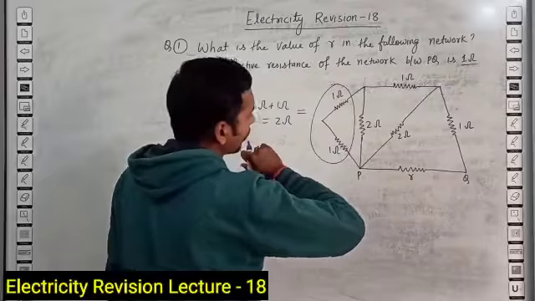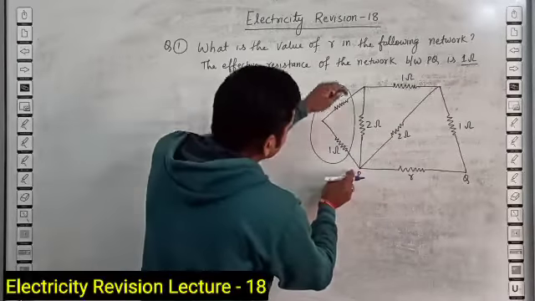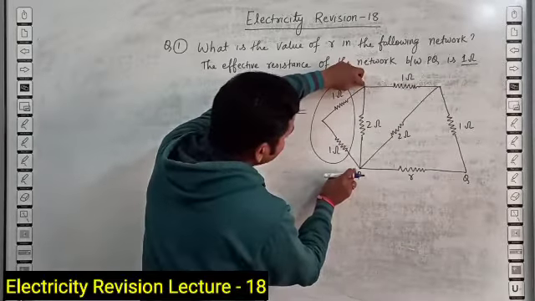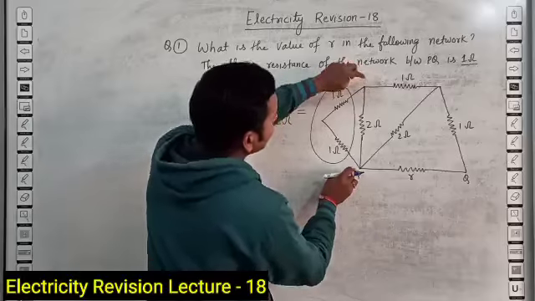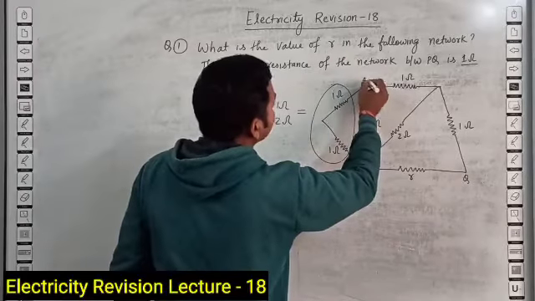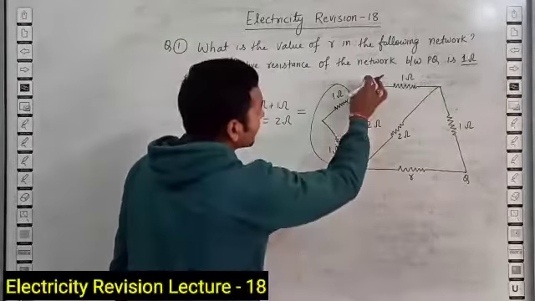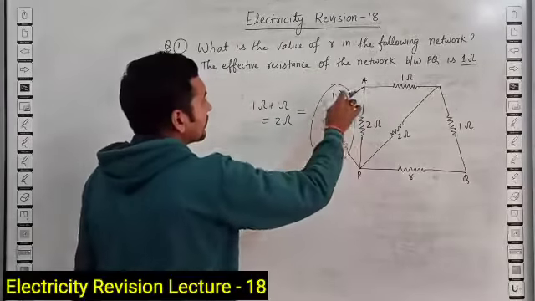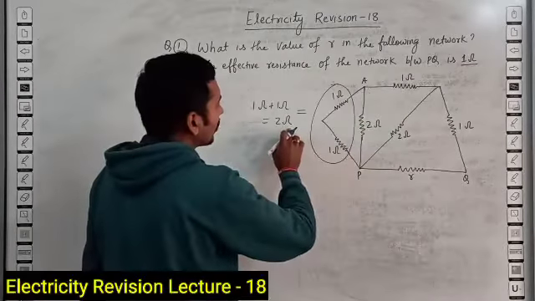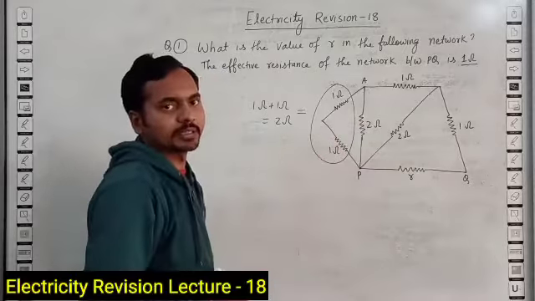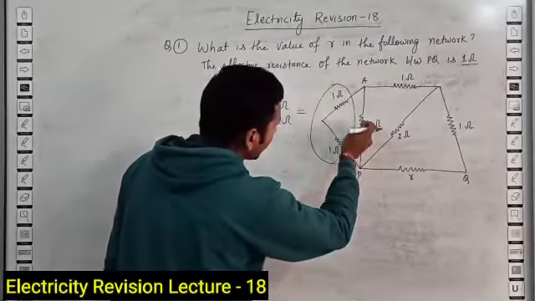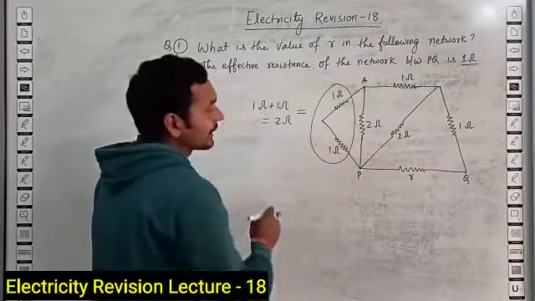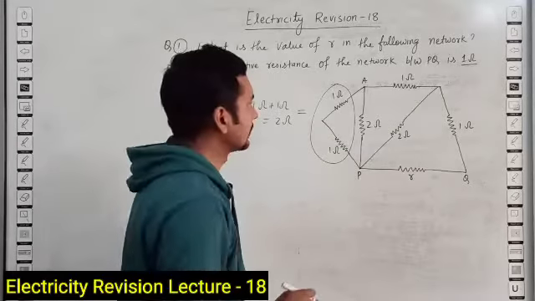If I take the point P and this point, suppose we call it A, then between P and A this is one resistance of 2 ohm, and another we have 2 ohm resistance. So these 2 ohm and these 2 ohm both are in parallel combination.